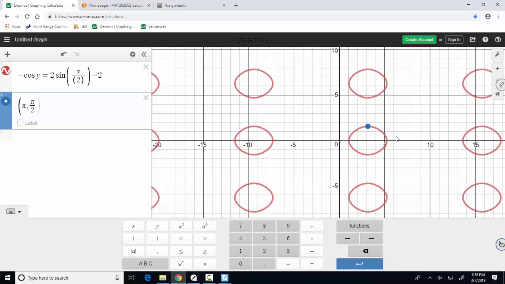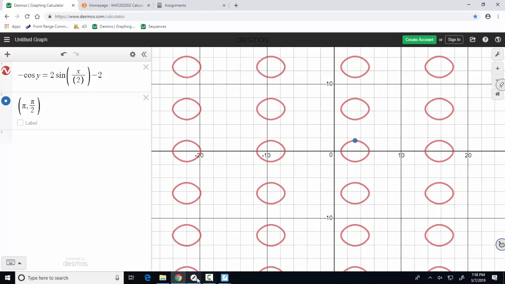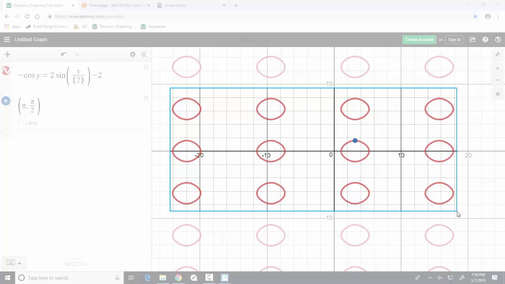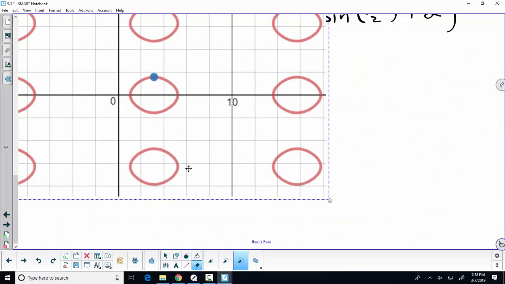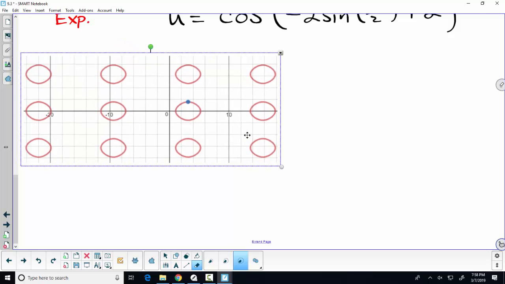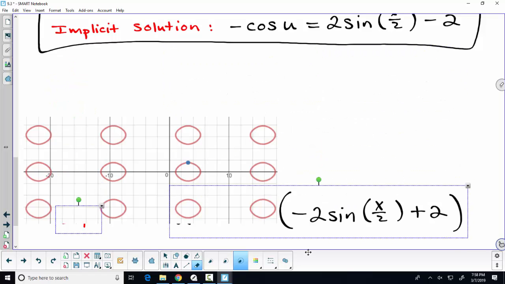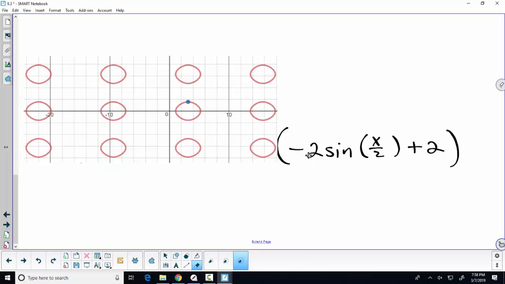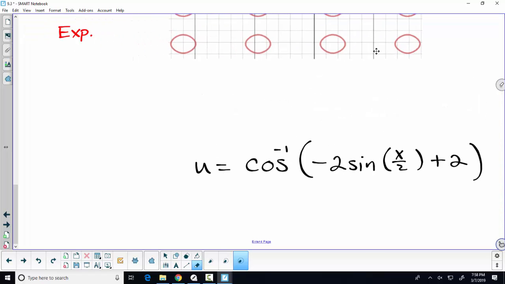This one we happen to be able to look at explicitly too, so let's put our implicit solution in, and then we'll put our explicit solution in. We'll put this in down here.